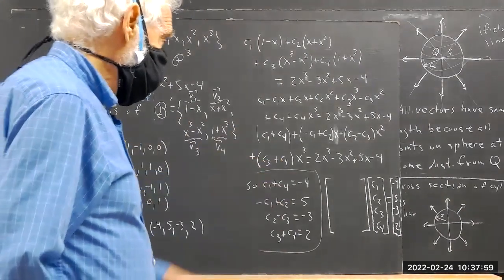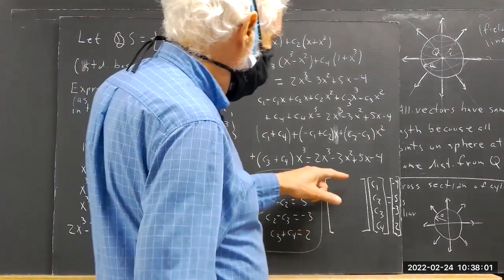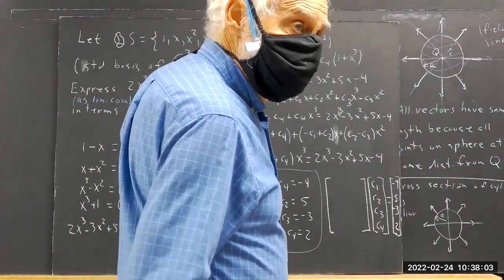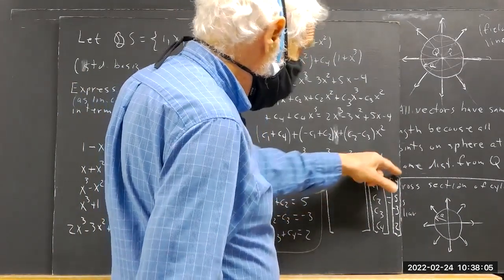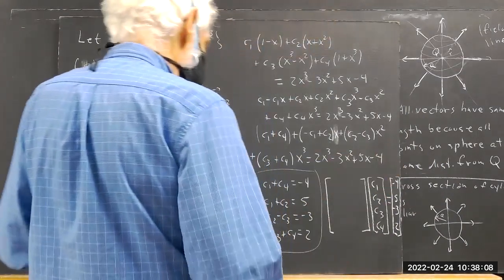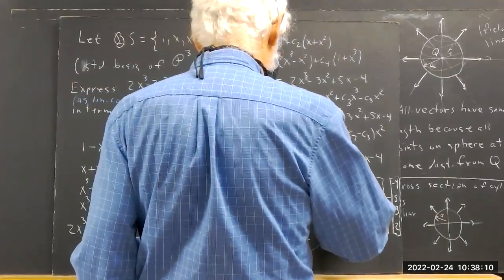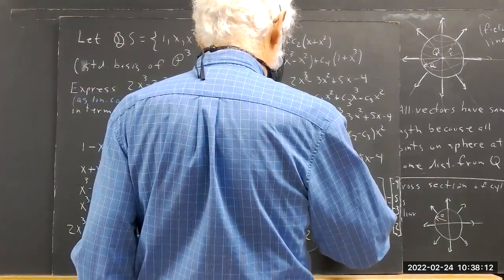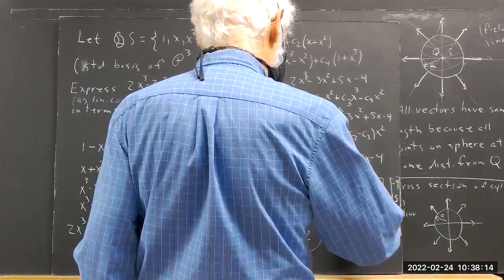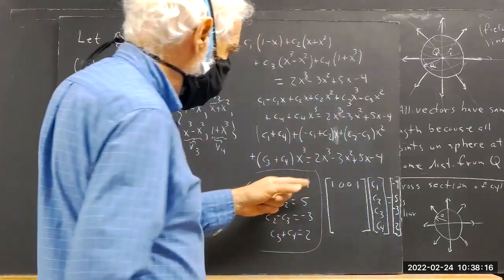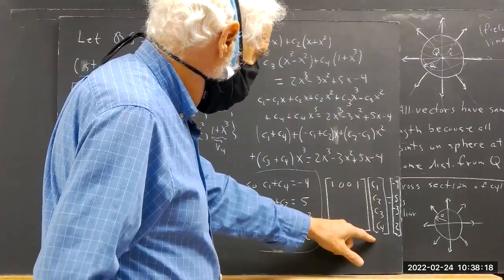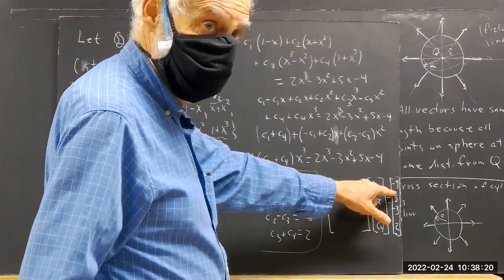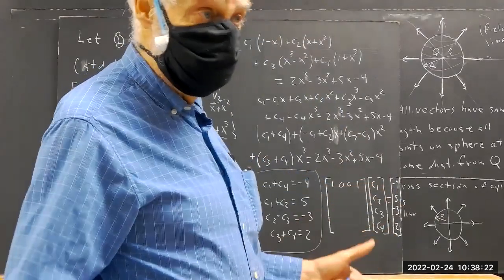Well, what does my matrix have to be? Well, I need C1 plus C4 in the first row, so that the first row will be equal to -4. So that means I need a C1 and a C4. So I multiply this by this, I get C1 plus C4, and that's got to equal -4. I think you understand matrix multiplication well enough.